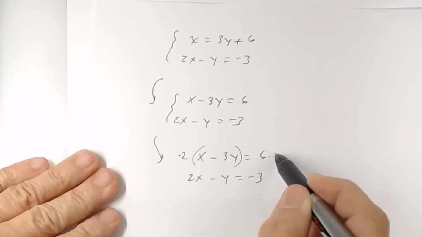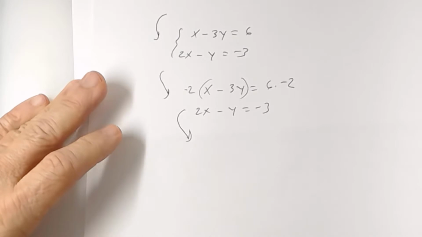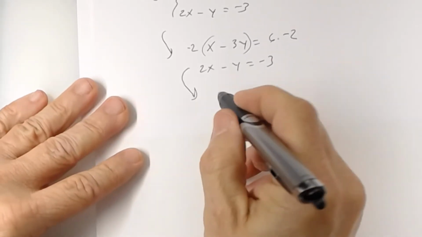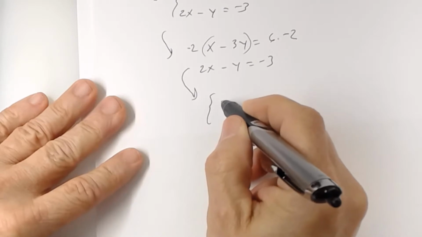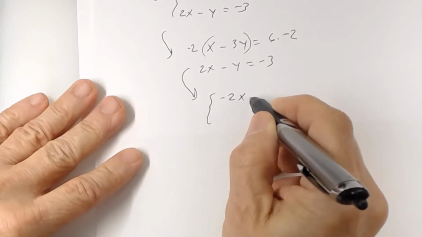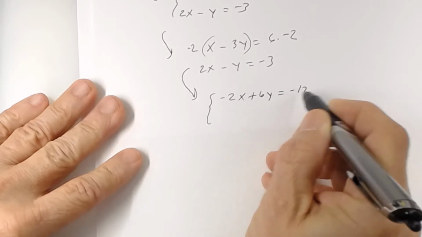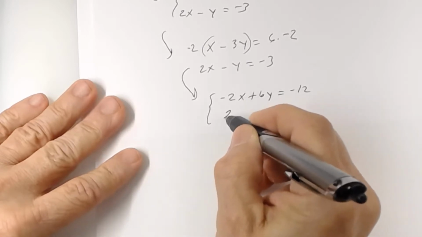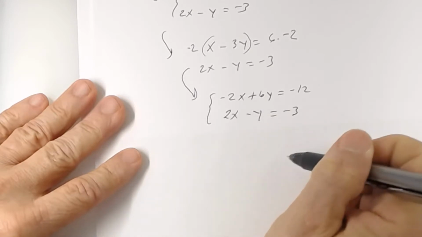Negative 2. So this becomes now the system. Distribute, what do you get for that first equation? Negative 2x plus 6y equal negative 12. Second equation, 2x minus y equal negative 3. Now I can add them, right?